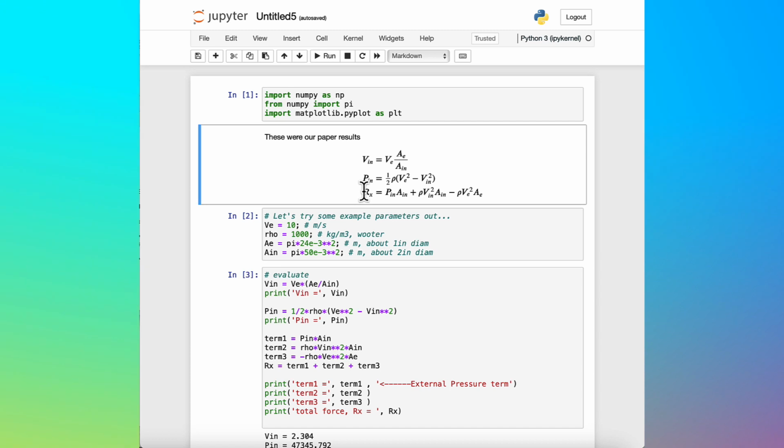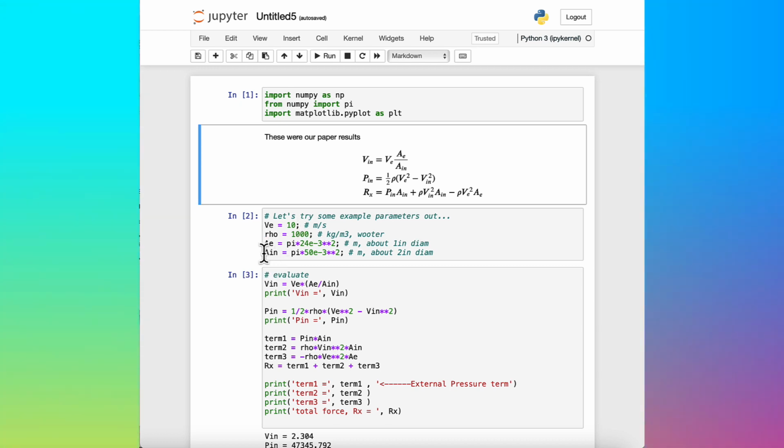The point of doing some numbers here is mostly just to compare the relative size of these. I chose a couple of example parameters here. Obviously the numbers depend on the physical situation. For example, let's use an exit velocity of 10 meters a second, which is a pretty high speed flow. A density of 1,000, so that's water.